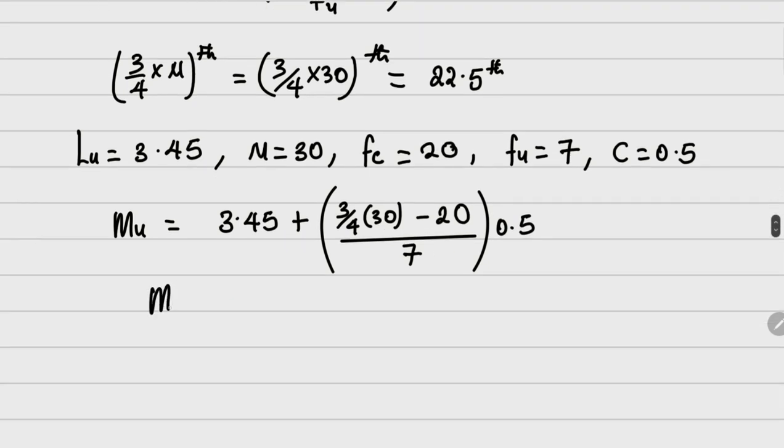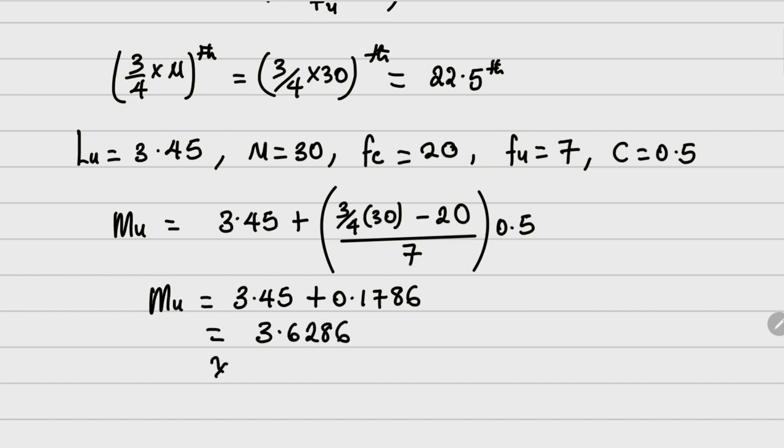Doing this, we have our MU, we are going to have 3.45. Now working everything in the bracket, you are going to have plus 0.1786. And our answer is 3.6286. So approximately what we have here is 3.6.